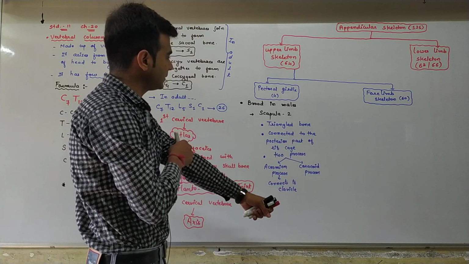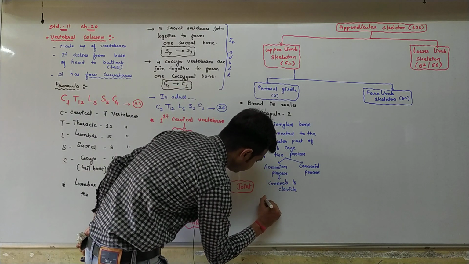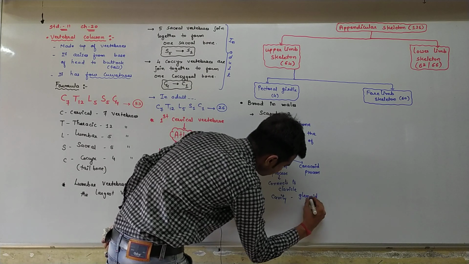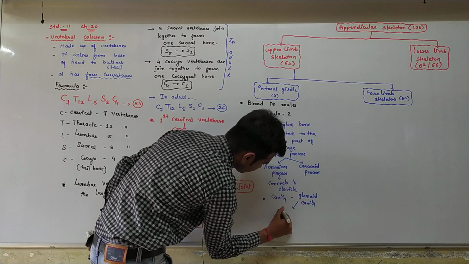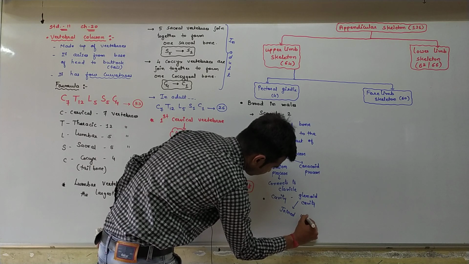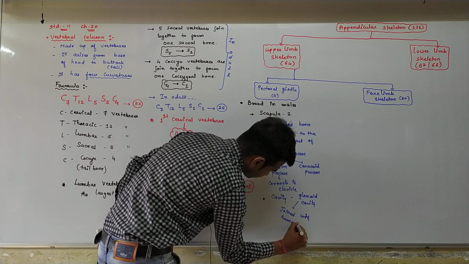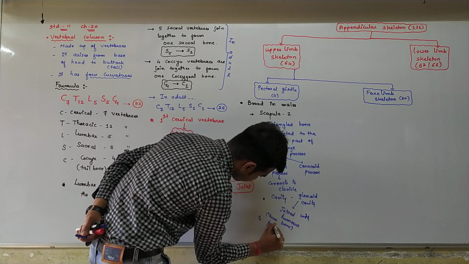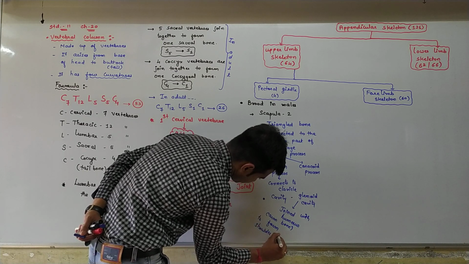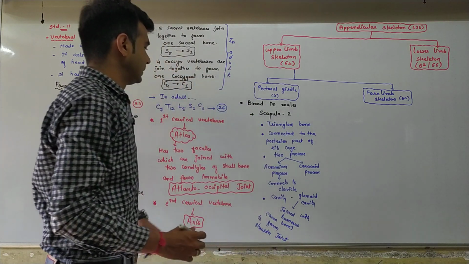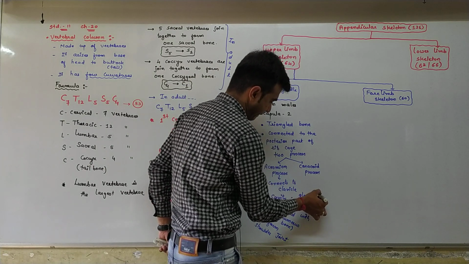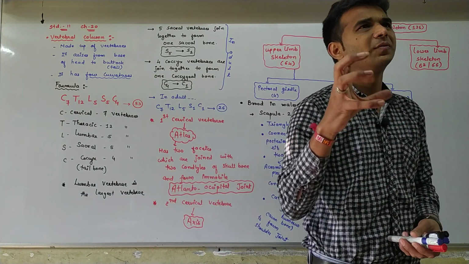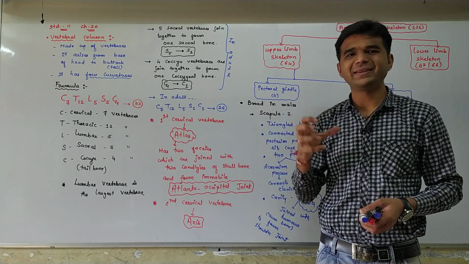Scapula consists of one cavity. Just below the coracoid process, a very shallow cavity is present.